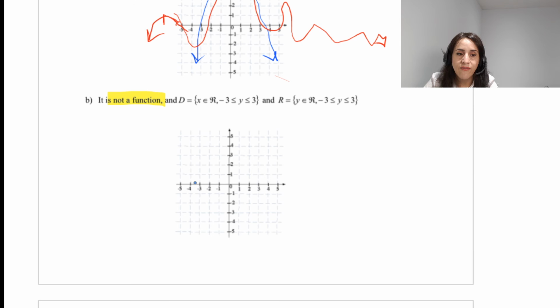You may have any other shape you could have here. You could go that way.